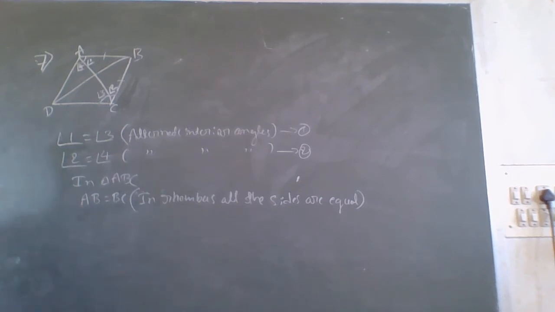opposite angles of equal sides are equal. These two are equal sides.